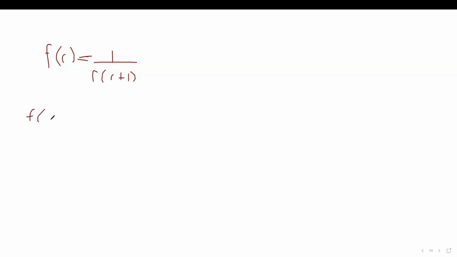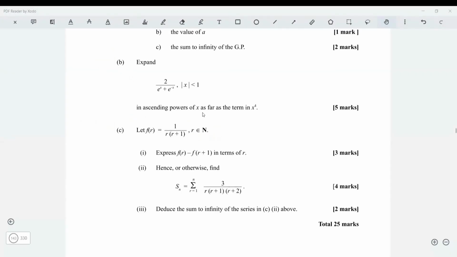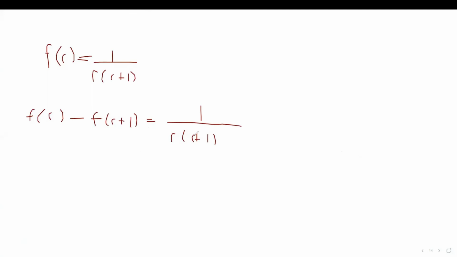So f of r minus f of r plus 1, replace r with r plus 1, that's going to be 1 over r times r plus 1. Okay, f of r minus f of r plus 1. That's 1 over r times r plus 1 minus 1 over r plus 1 times r plus 2.